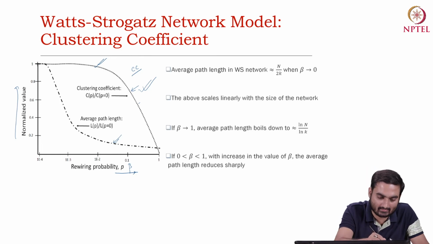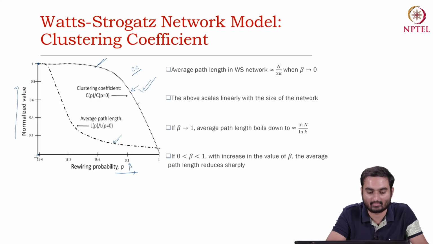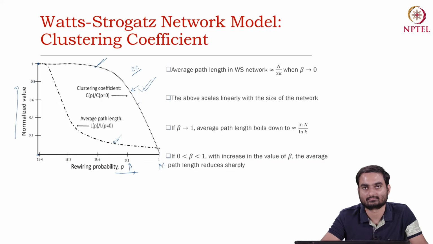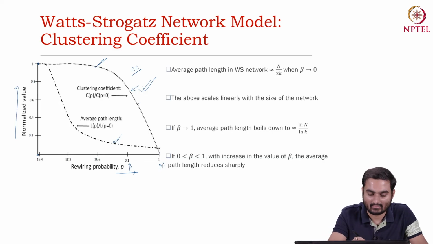What is the clustering coefficient of a node at this point when p equals 0 or beta equals 0, how will this clustering coefficient vary, and what would be the clustering coefficient when p equals 1? What exact quantity are we plotting here?